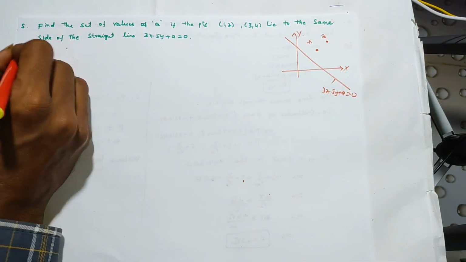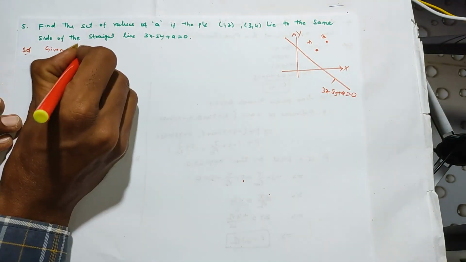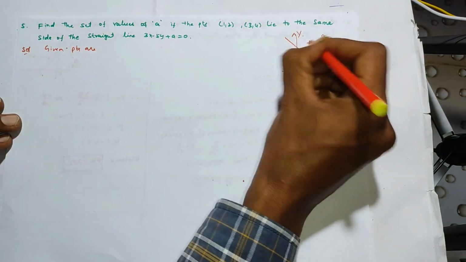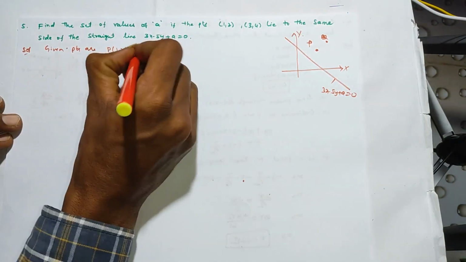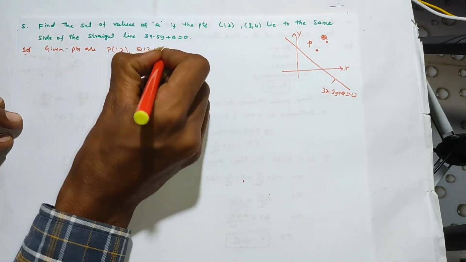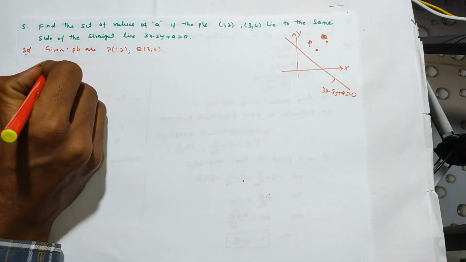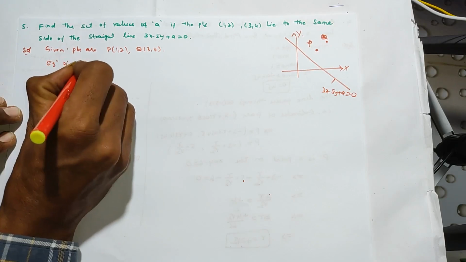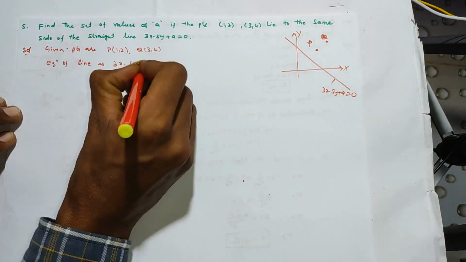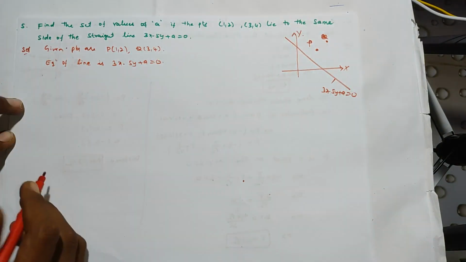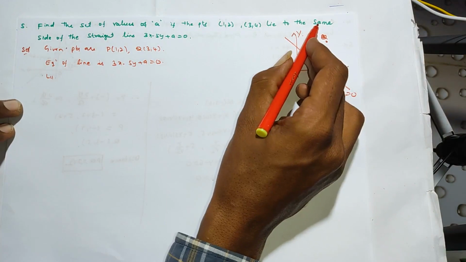See, solution, given points are, or we can treat it as P comma Q. P of (1, 2), Q of (3, 4). See, equation of line is 3x minus 5y plus a is equal to 0. See, find out the L11 and L22 because the same side is given.